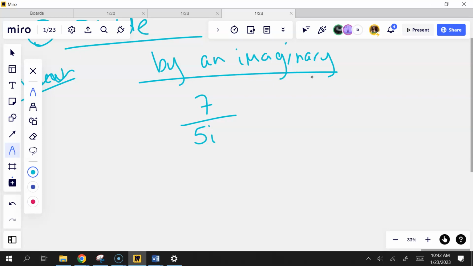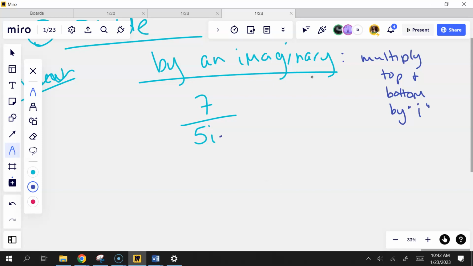When I have a radical in the bottom, how do I get rid of it? You multiply the top and the bottom by that. That's exactly right. So if I'm dividing by an imaginary number, I'm going to multiply the top and bottom by i. Just i.